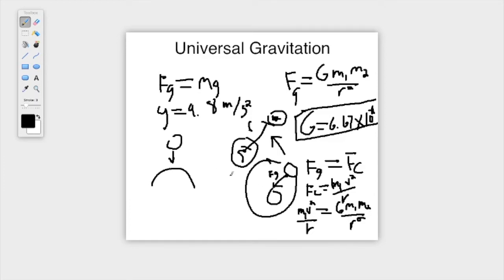Because these two are equal to each other, m1 g, again, this is the object that is orbiting the source, equals G m1 m2 over r squared. We see that these masses cancel out, so we get a pretty good approximation of the gravitational field.